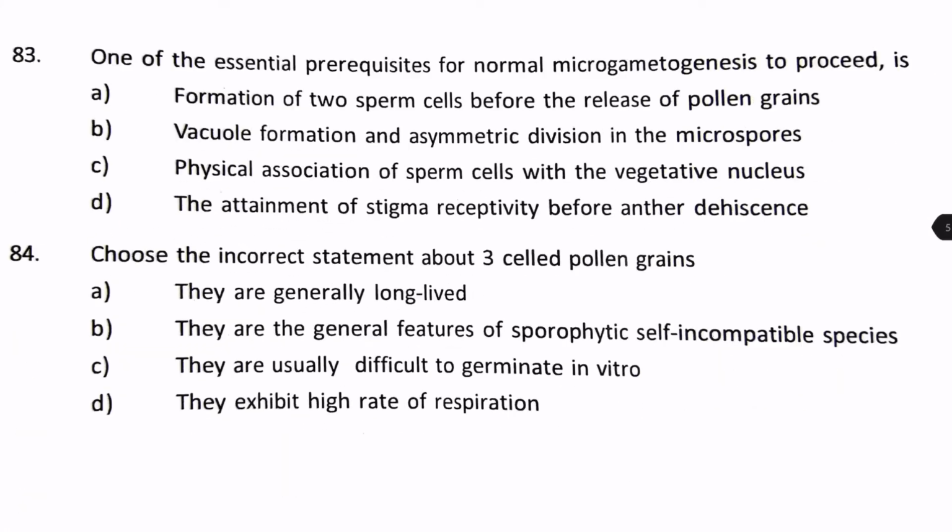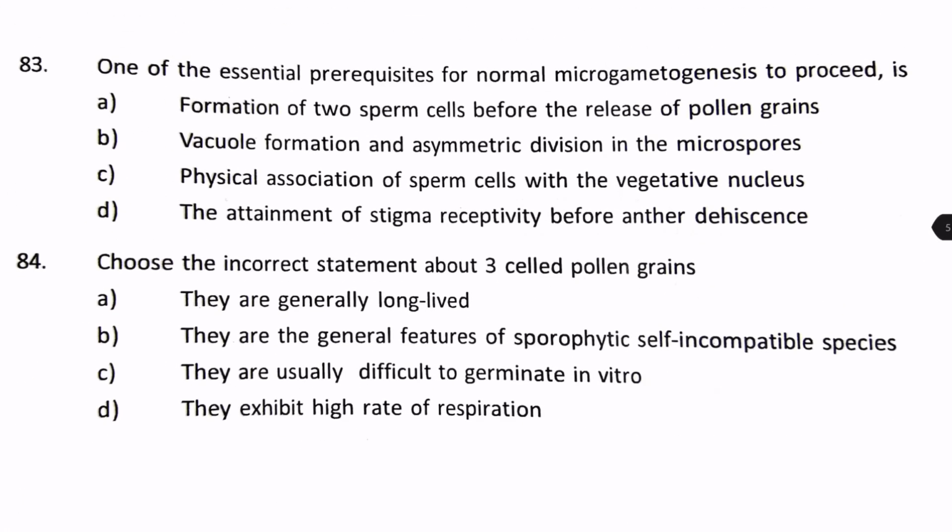Okay, next question. One of the essential prerequisites for normal microgametogenesis to proceed is, microgametogenesis is formation of male gametes, the process in the male flower. So first option is formation of two sperm cells before the release of the pollen grains.